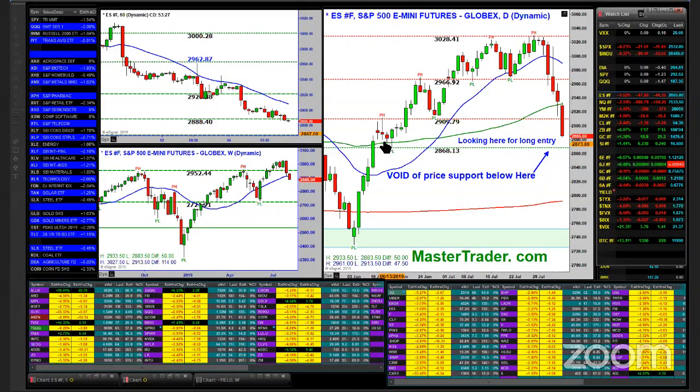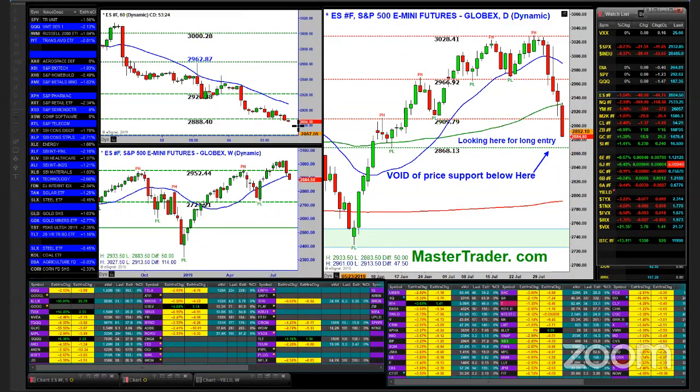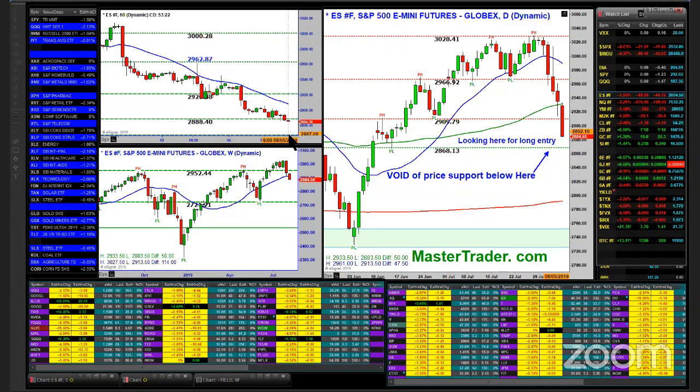Who knows? We just know that when it gets down to this level, especially if it's capitulating to the downside where sellers are just overwhelming any demand that there is, and we get the picture at the appropriate location, we're looking to be a buyer. And then we'll see what happens from there.